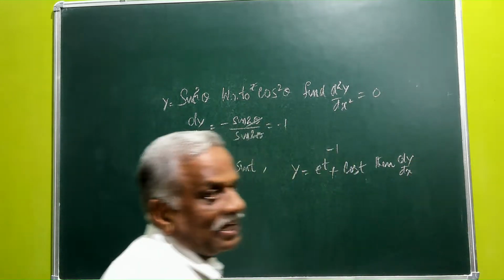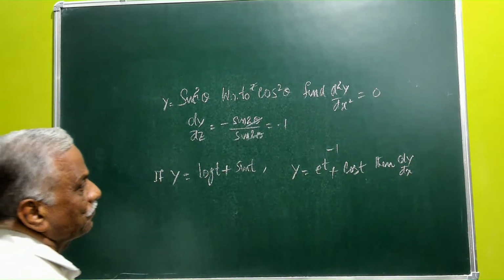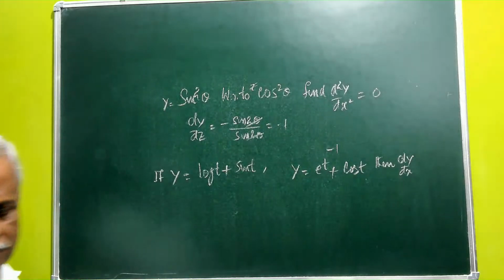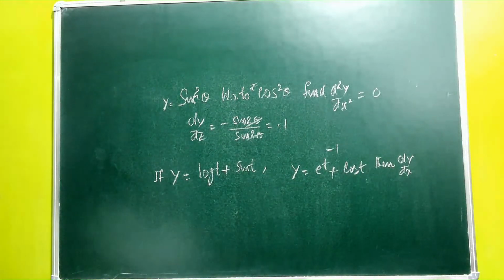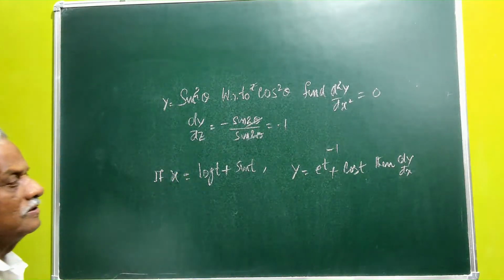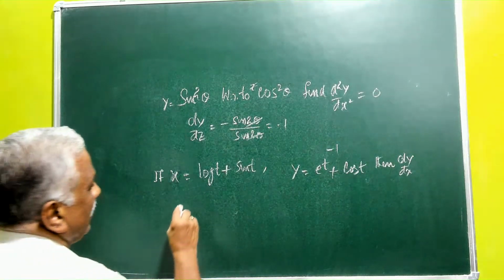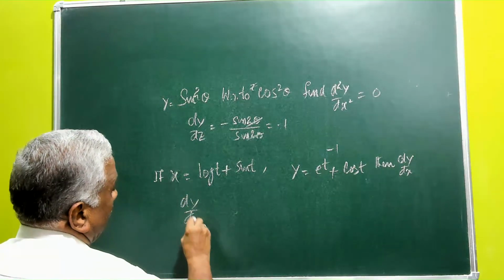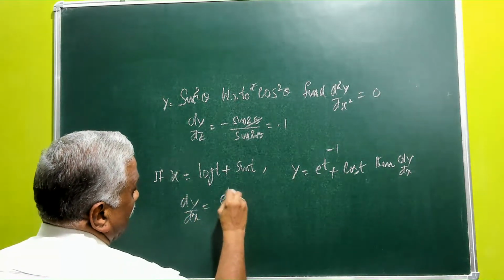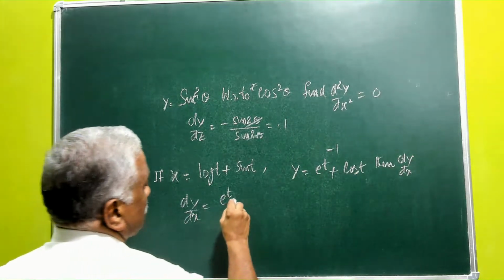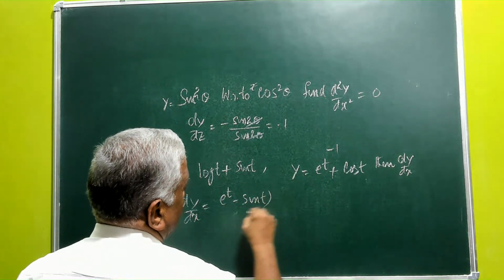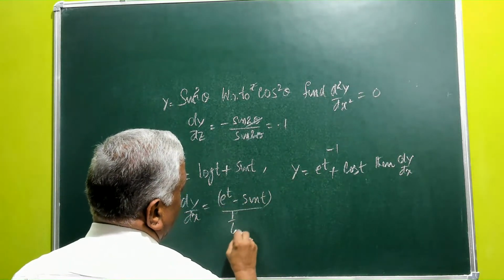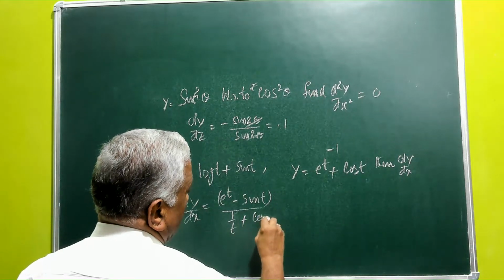There is no skill, nothing, you have got to differentiate directly. So x is equal to this, y is equal to that. You have to find dy by dx. Dy by dx is e to the power of t, e to the power of t only, cos t gives minus sin t, over log t gives 1 over t plus cos t.